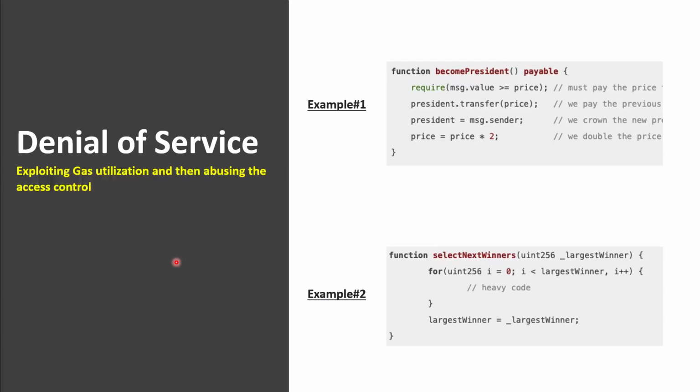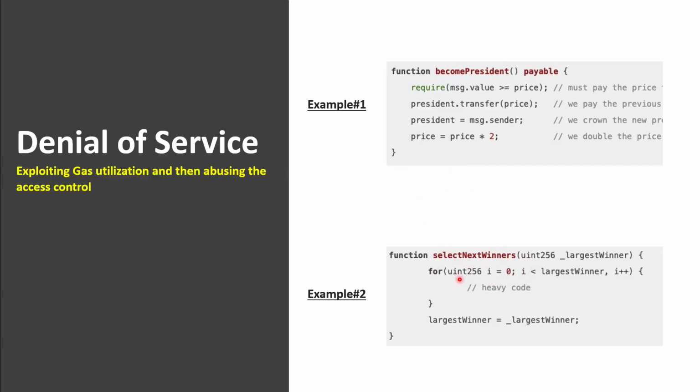Here's a denial of service attack, and obviously denial of service is a problem in more than just smart contracts. If we take a look here, what's happening is the transactor is being shut out, and the miners that are managing these nodes are collecting what are called the gas fees for processing the transaction, but they are taking advantage of the access control here.